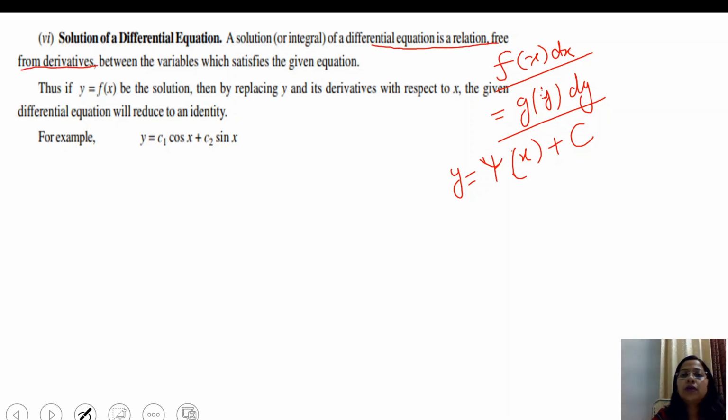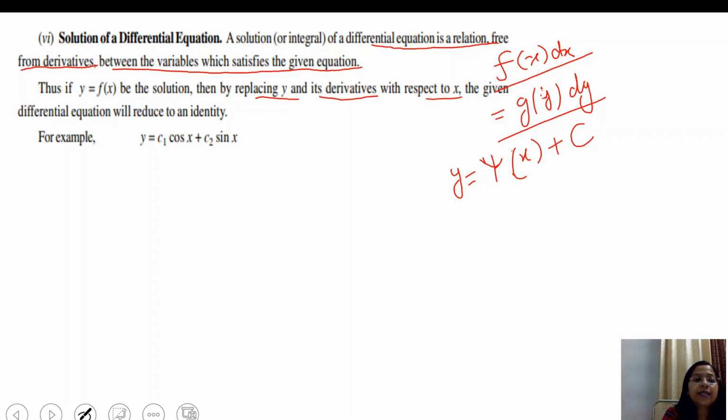We know this point very clearly. Between the variables which satisfies the equation which is given to us, right? So if y is equal to fx be the solution, then replacing y and its derivatives with respect to x in the given differential equation, we may have the solution.